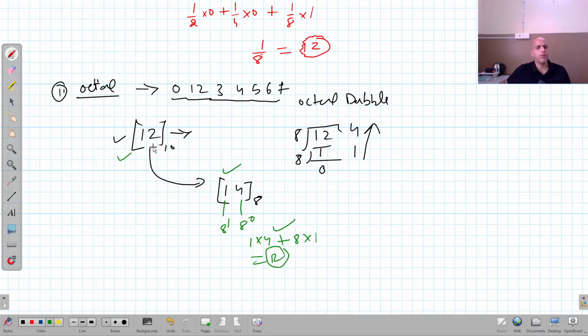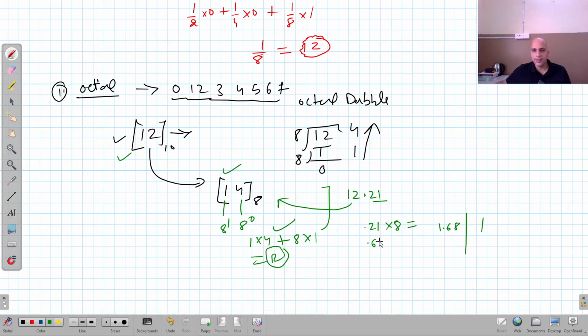Same rule is followed for the fractional part. If it were 12.21, then 12 is represented as this. But about 21, so for 0.21, multiply with 8 and record the integral part, right? So 1.68, so here the integral part is 1, right?